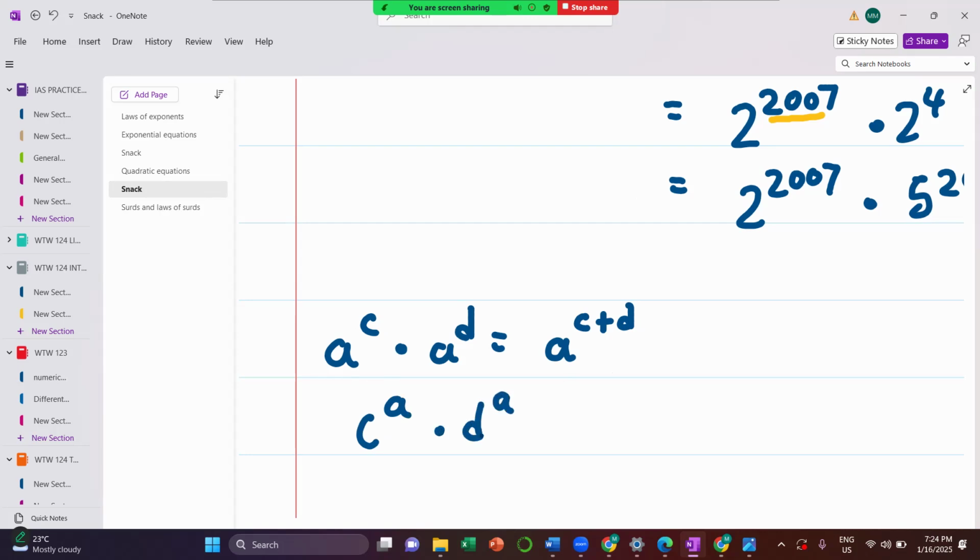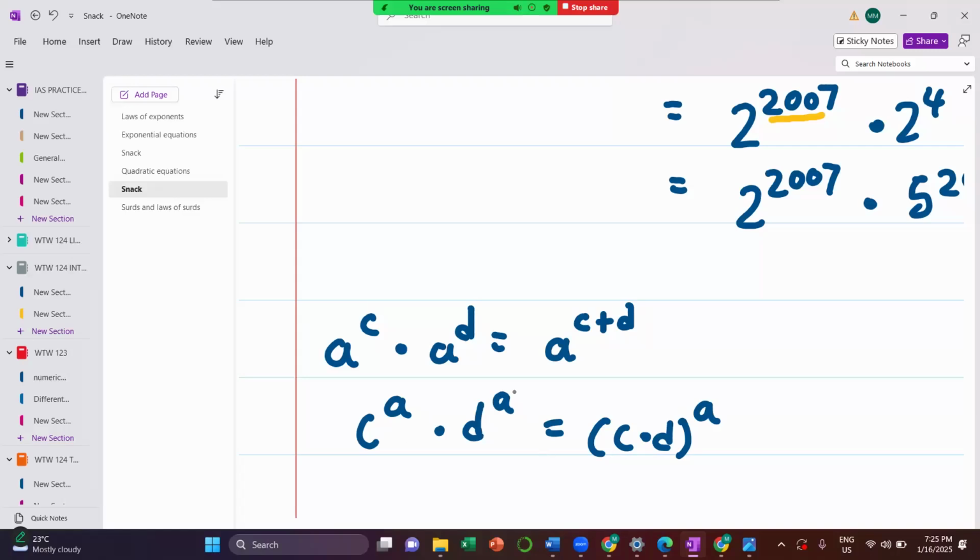There's a law that says I can keep the exponent, but I will multiply the bases. So this is the opposite of the first law. Here, I keep the base and add the exponents. Here, I keep the exponent and multiply the bases. Are you okay?